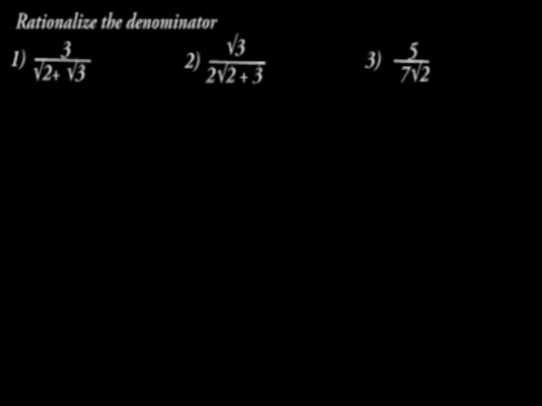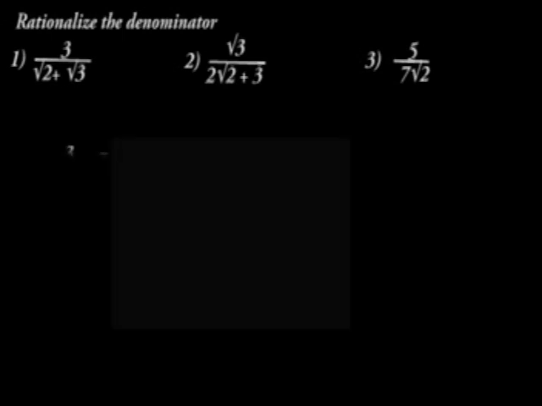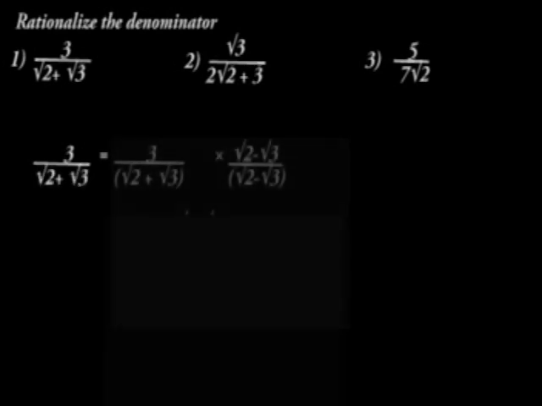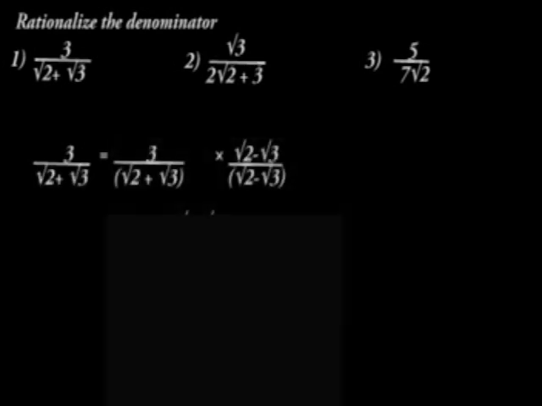In our solutions, we simply multiply the denominator and the numerator by the conjugate of the denominator, and hence 3 over root 2 plus root 3 is equal to 3 over root 2 plus root 3 times the conjugate of the denominator, which is root 2 minus root 3.